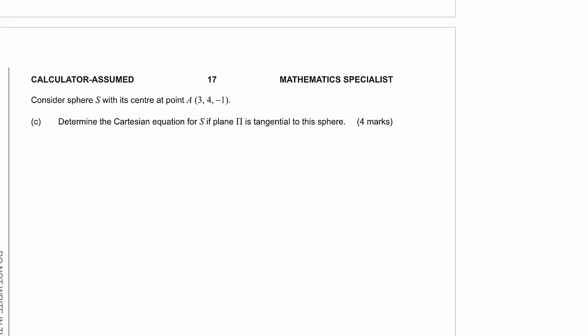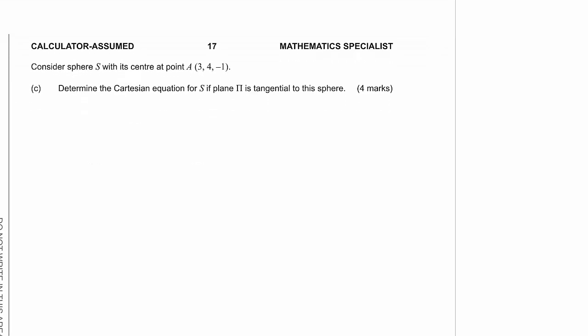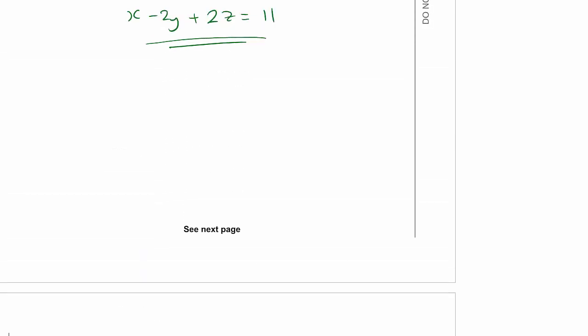Consider the sphere with its centre at this point. Determine the Cartesian equation for S if plane pi is tangential to the sphere. So we've got a centre here at 3, 4, negative 1, and we have our plane.